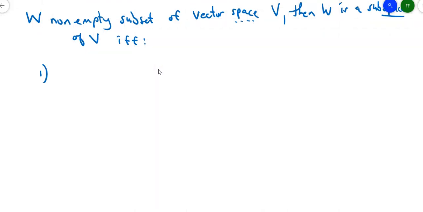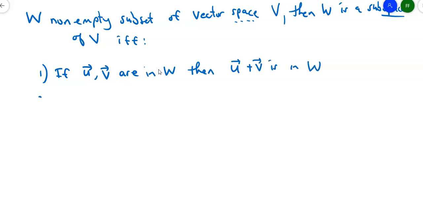So here are the two things that have to hold. If vector U and vector V are in that subset, then the sum U plus V is also in that set.